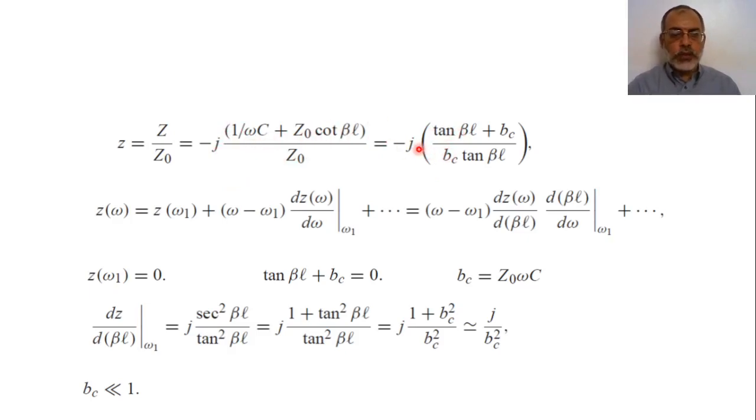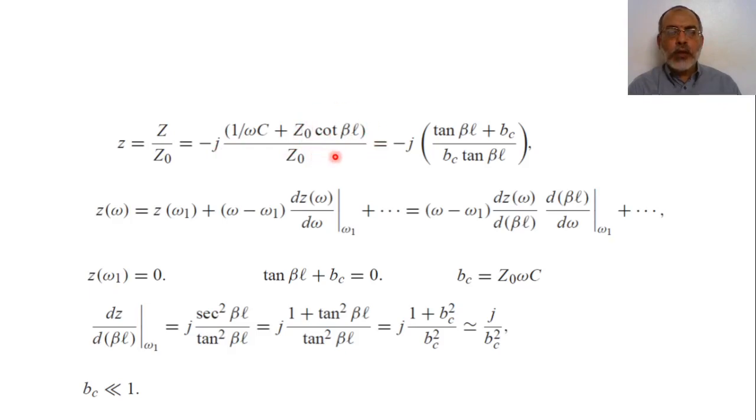This is equivalent to this. Actually, this equation is simpler because this term is constant with respect to beta L. So we are going to take minus j Z naught over Z naught cotan beta L, which is actually minus j cotan beta L.